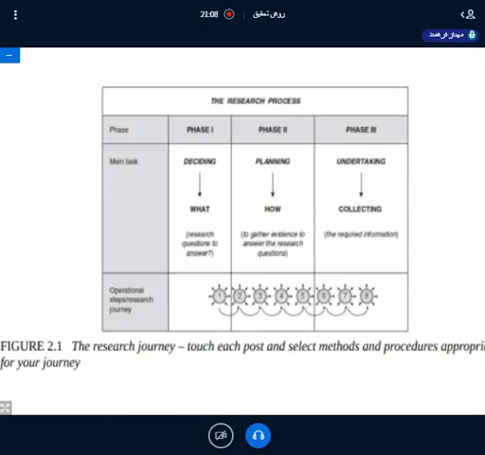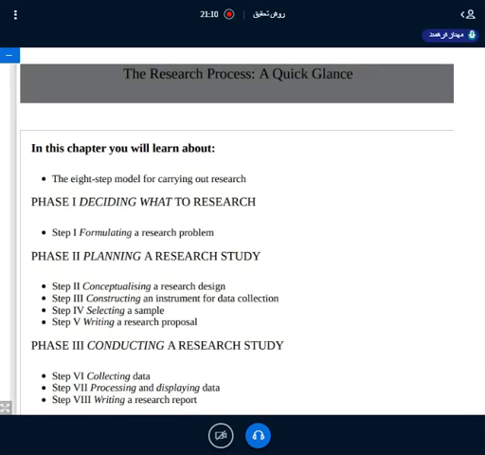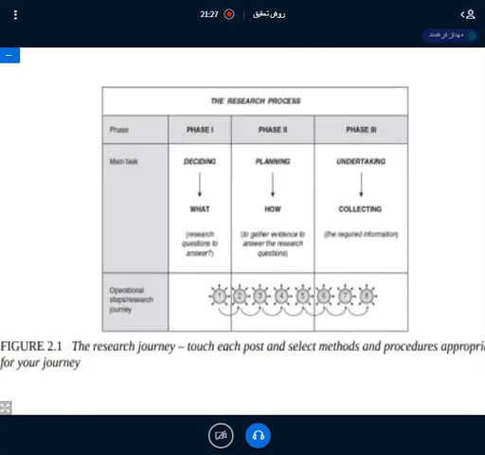Okay, so here in this slide you saw 8 steps, 1, 2, 3, 4, 5, 6, 7, and 8 steps of a research process.